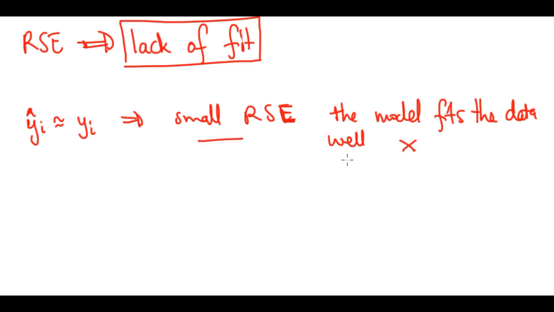So we might say the linear model is too restrictive. It is not the right one to use here, right? So that is one way to measure the accuracy of our linear model. In the next video, let's look at the other method, which is the R squared statistic.